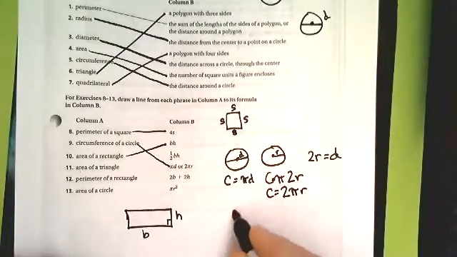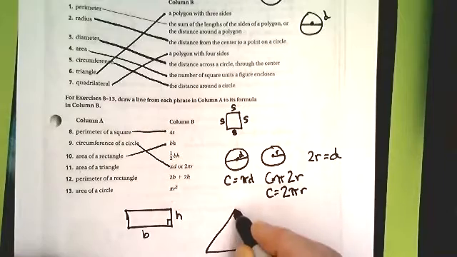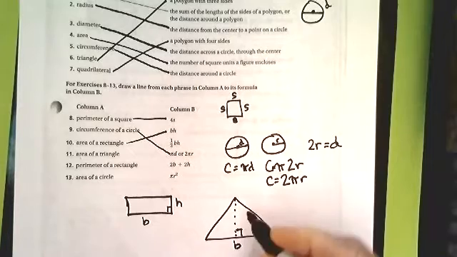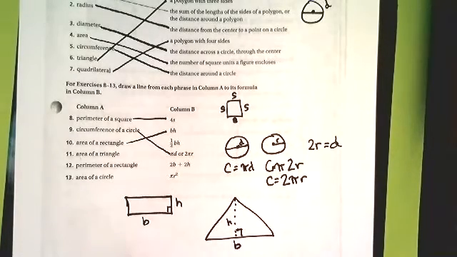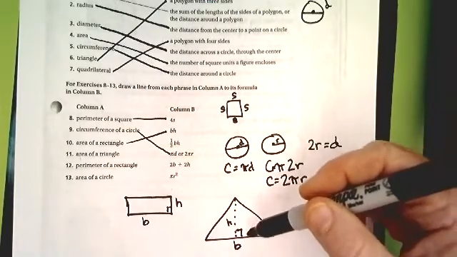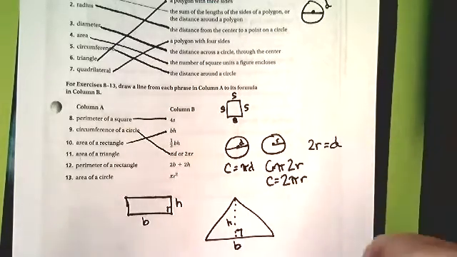Area of a triangle. Now look, here's the base down here at the bottom, and here's the height, that dotted line. They make that right angle inside the triangle. Now this might not be a right triangle, but inside of there, the base and the height meet up to make a right angle.